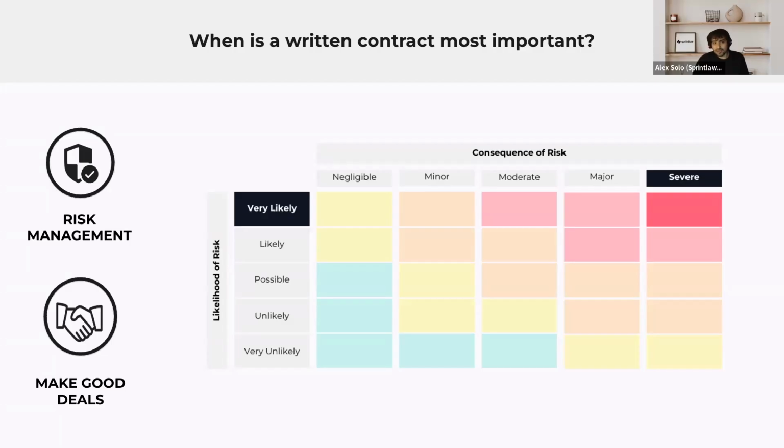The probability of something going wrong is pretty high, and it could be pretty severe. If you make a website for someone, the website goes down, it causes their business all kind of losses, and they decide to sue you and there's no contract, it could be quite a severe risk for you. So if I'm speaking to a web designer, I'll often say to them, one of your most important contracts is your customer contract because it's the one thing that's probably going to be tested.